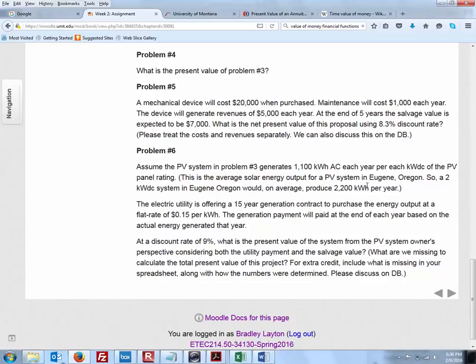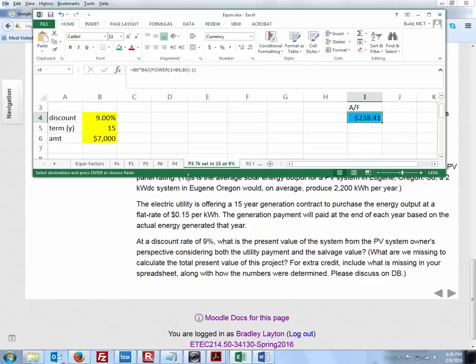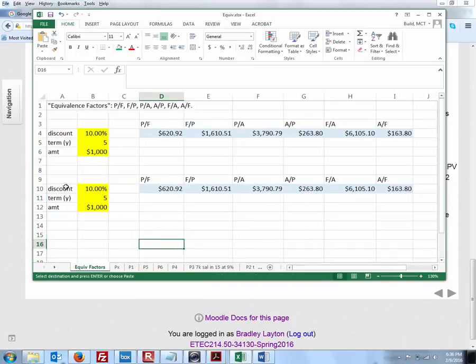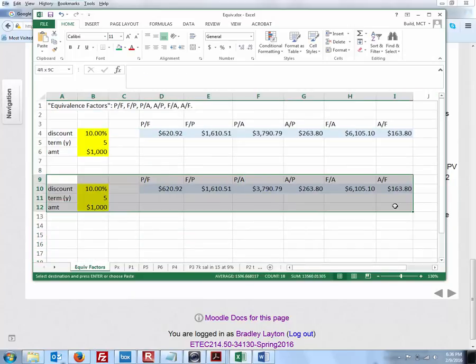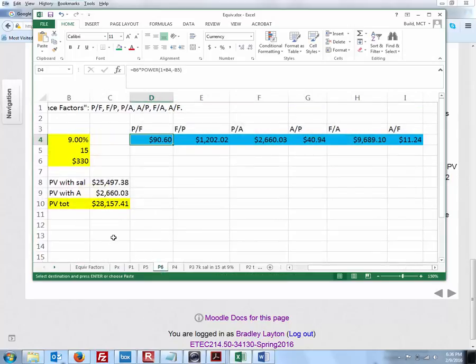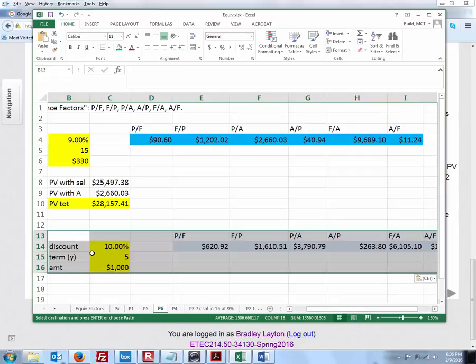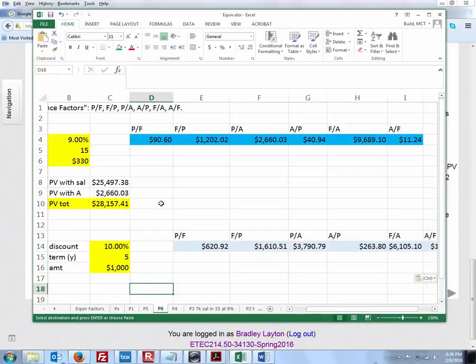All right, so let's knock this thing out. I'm just going to leave that annuity alone. I'm going to come back to my equivalence factors. I'm going to copy that there. Go back to problem 6. Looks like I did a little bit of work in there already. Just pop it in.